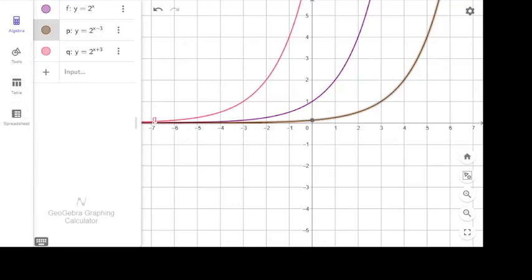So we know all the transformations now, and we say when my exponent subtracts a positive number, I move the graph 3 units to the right, and if it adds a positive number, I move 3 units to the left side.